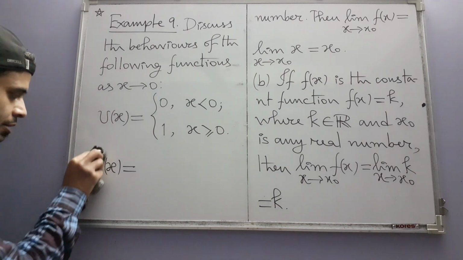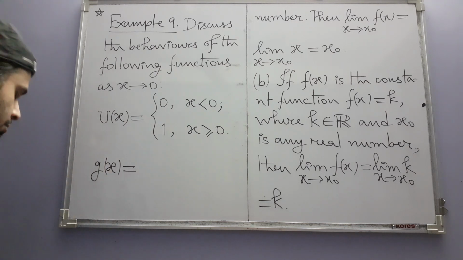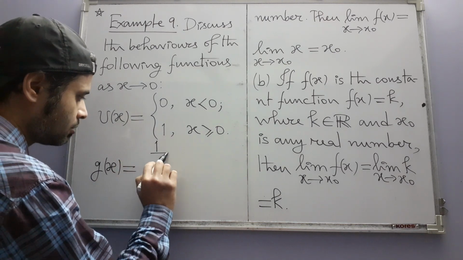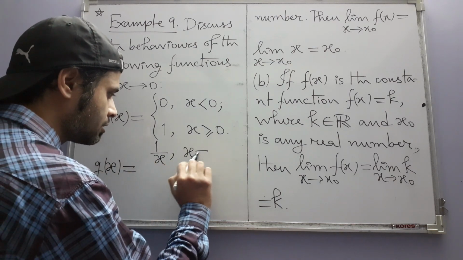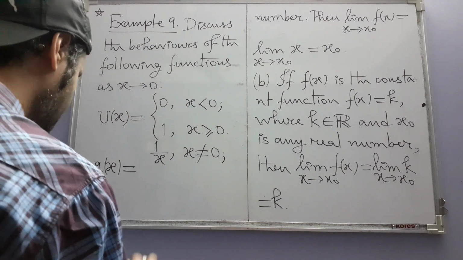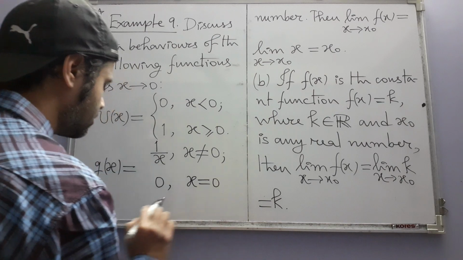Although it does not matter, some of you may be following the book, so it should match. g of x is defined to be equal to the reciprocal of x when x is not equal to 0, and 0 when x is equal to 0.